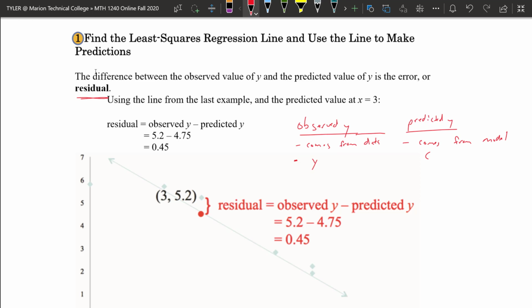In other words, you use the linear equation to find it, and that way we can tell the difference between the two. We're going to use the symbol y with a caret above it, which is read as y hat. So we use y hat to denote the predicted y value.